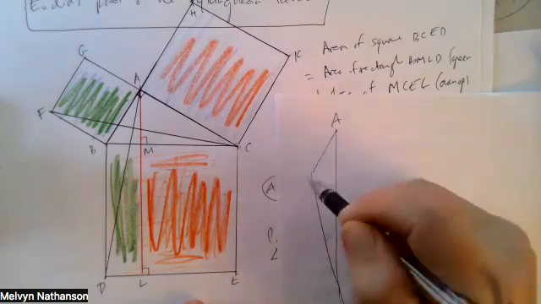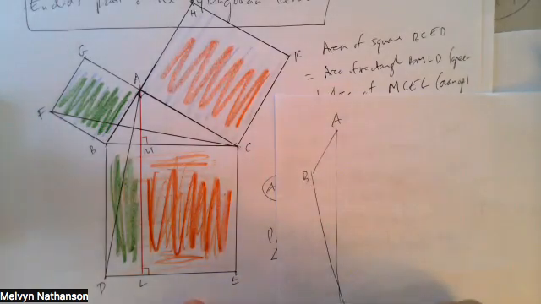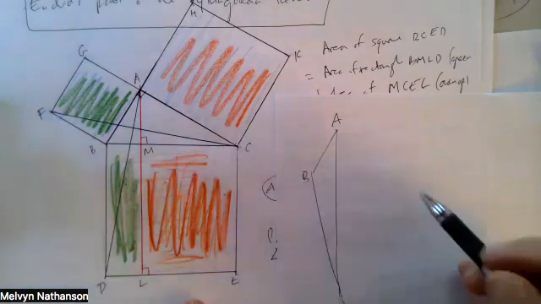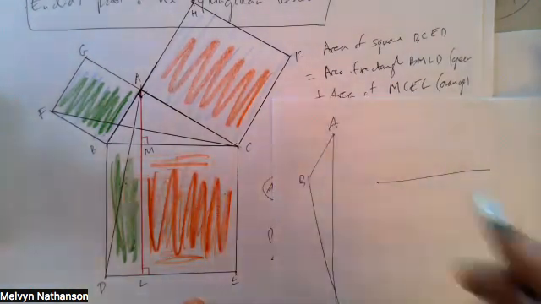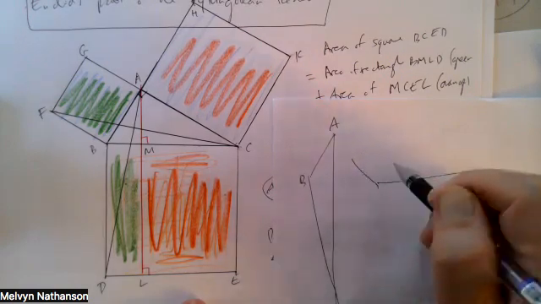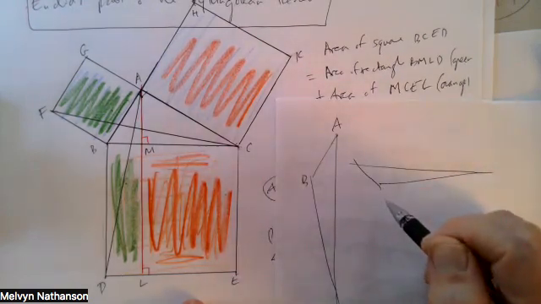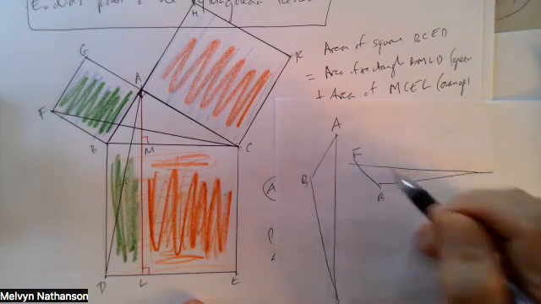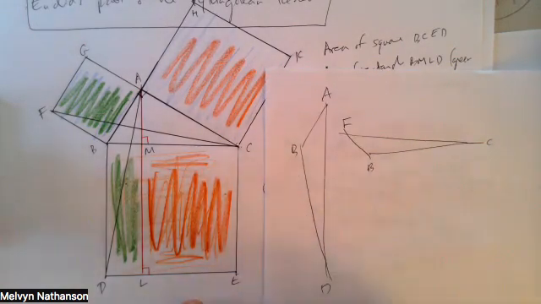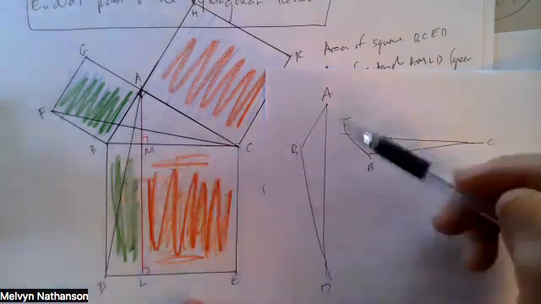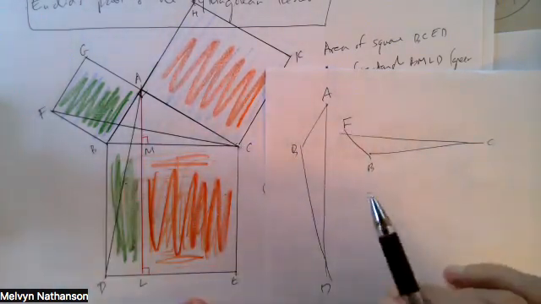So this is A, B, D. And this triangle is B, F, C. There's this triangle and this triangle.